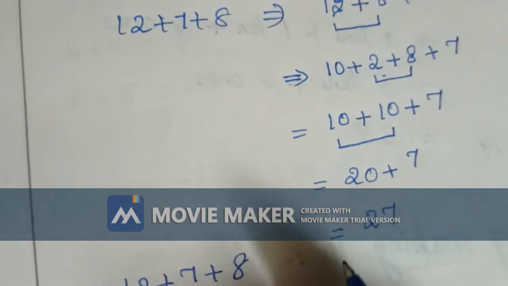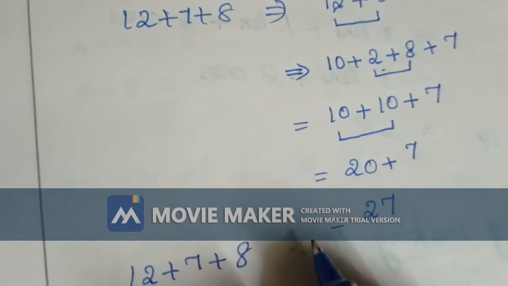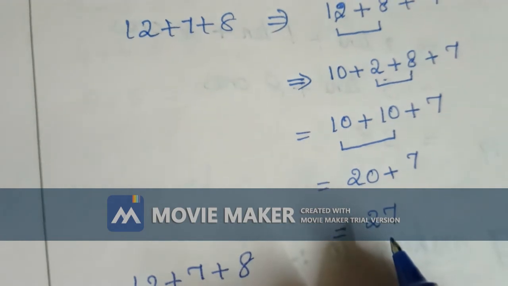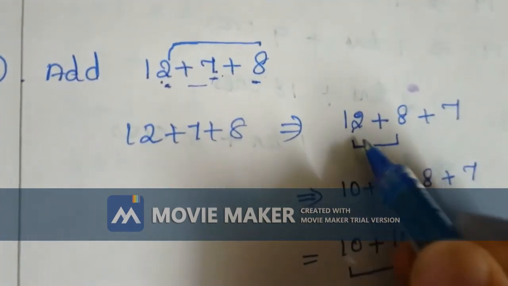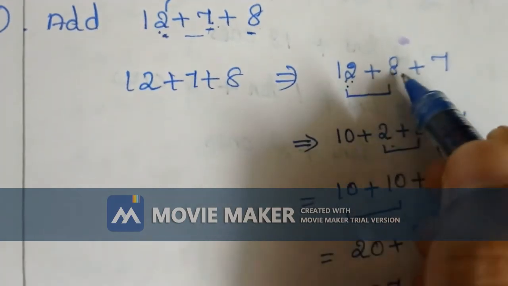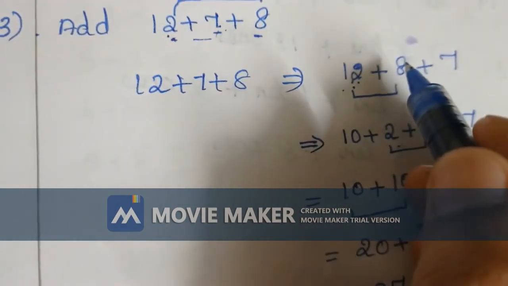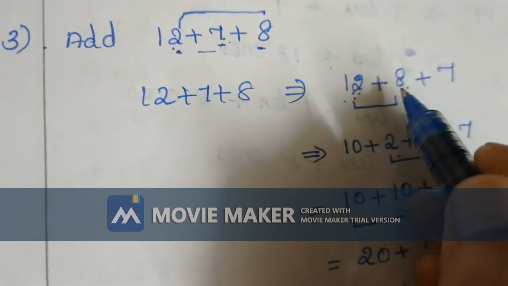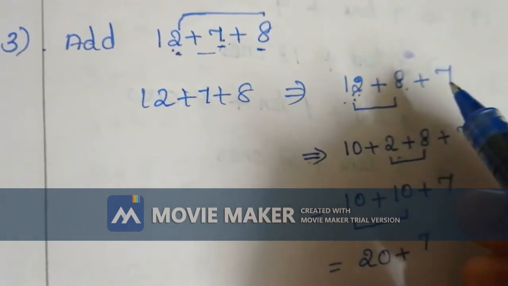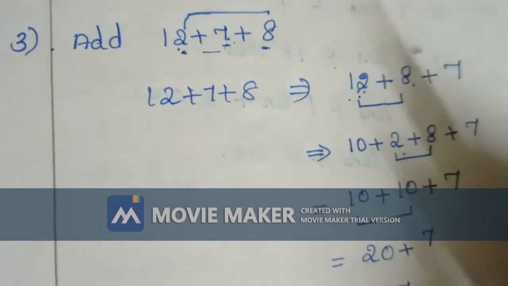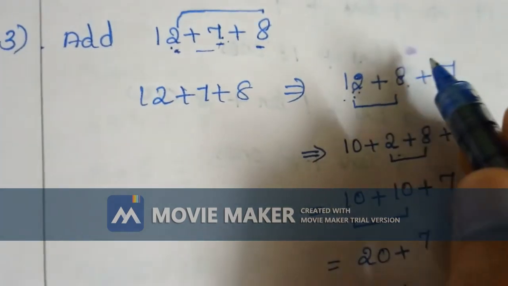So children, in case the digits in the ones place do not add to 10, we can split any one of the numbers in such a way that we get 10. So children, remember this.